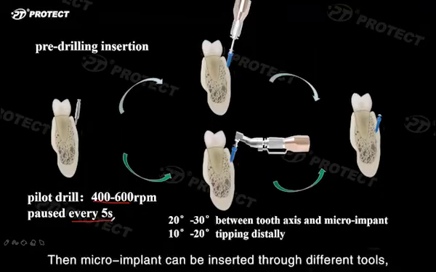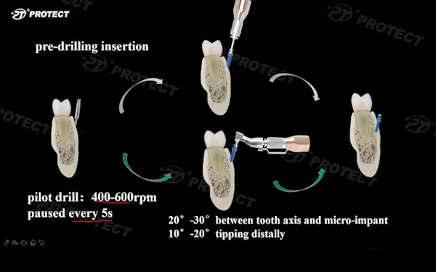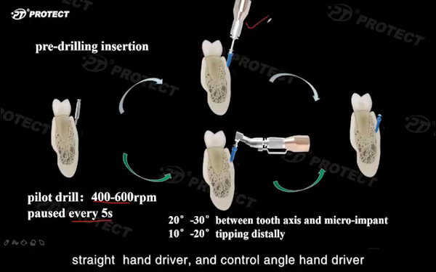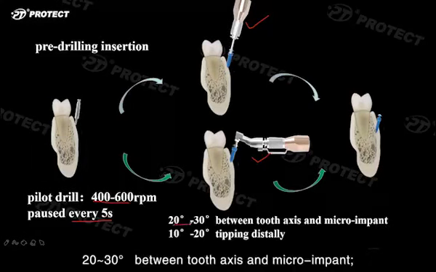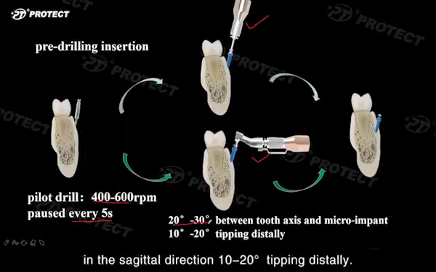Then the micro-implant can be inserted through different tools, a straight hand driver or a contra-angle hand driver. In the buccal lingual direction, 20 to 30 degrees between the tooth axis and the micro-implant.